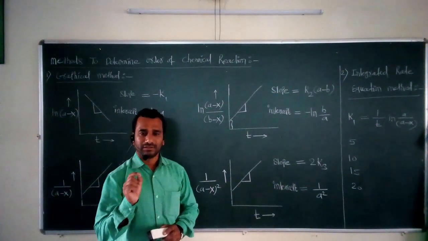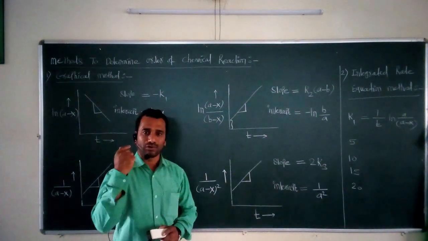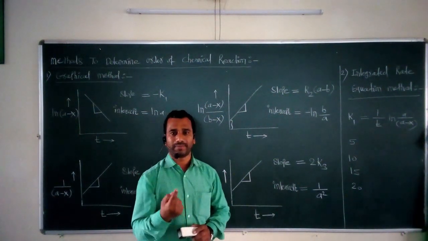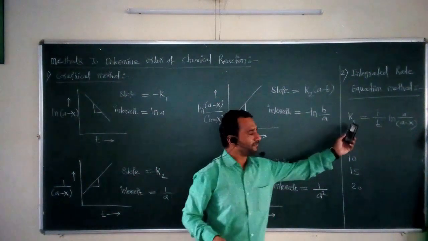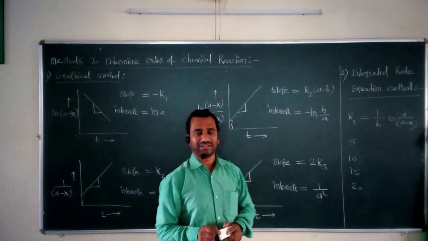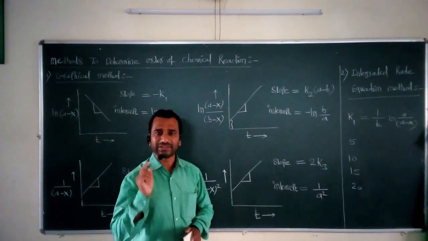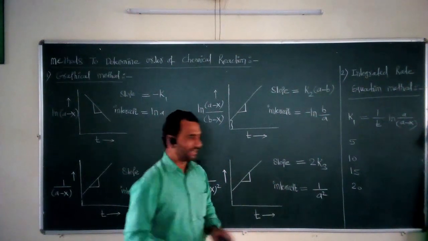After noting these concentrations, you have to substitute the concentration of reactant and product in the rate equation of first order. After substituting these concentrations in the integrated rate equation, you will get some values.